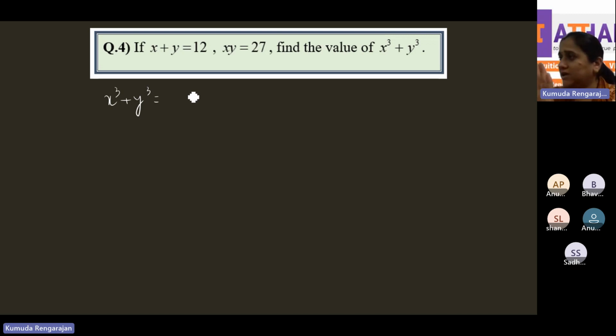Okay, we can't recollect the formula. You have to still memorize it. Very good. X cubed plus y cubed is equal to x plus y into x square minus xy plus y square. Okay.